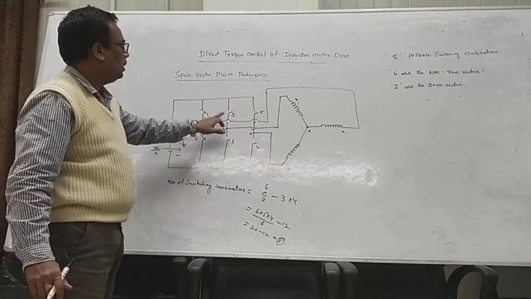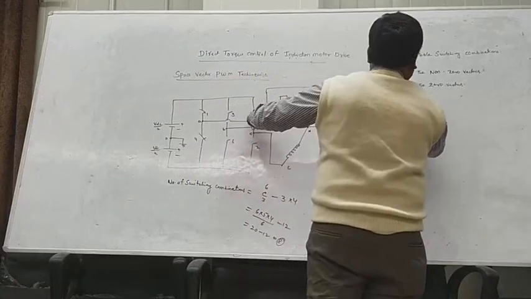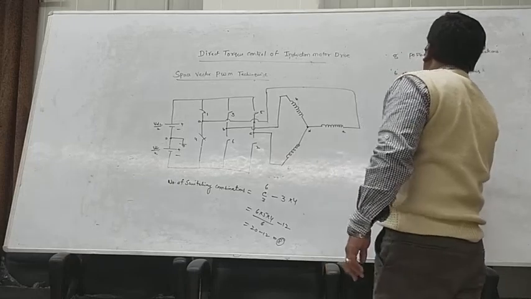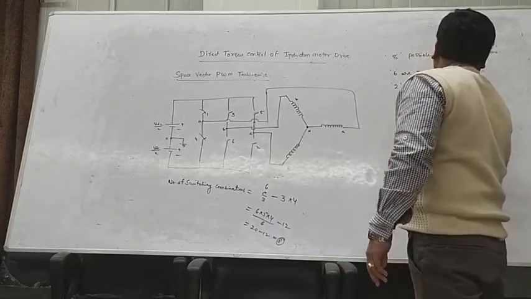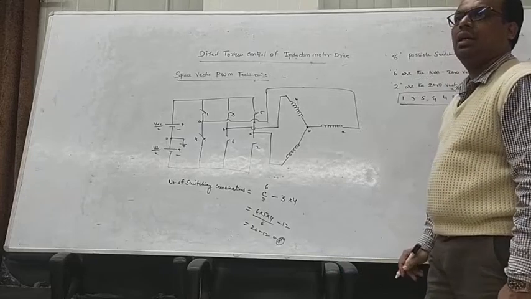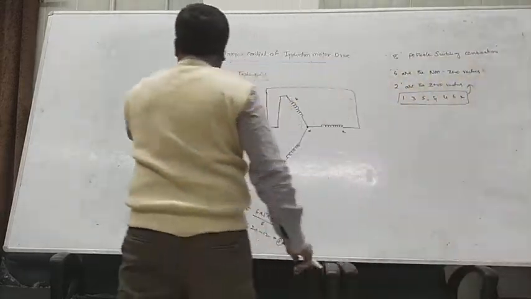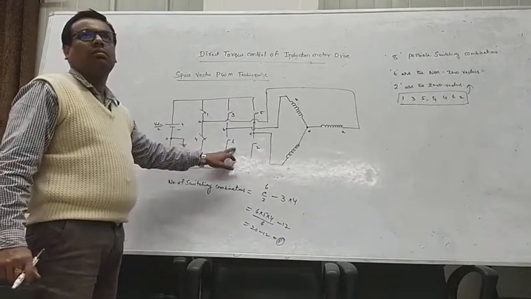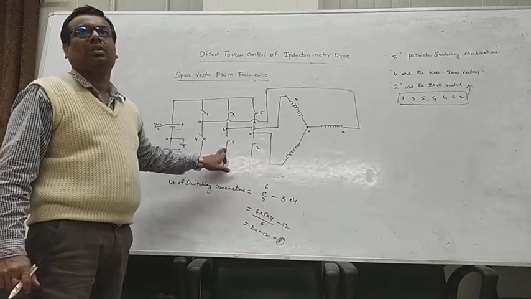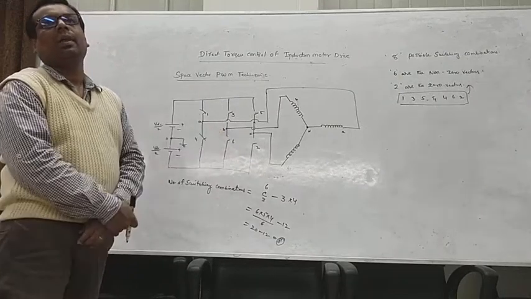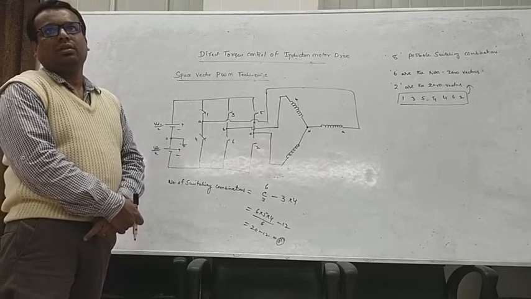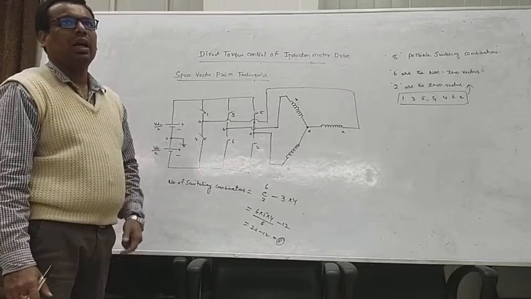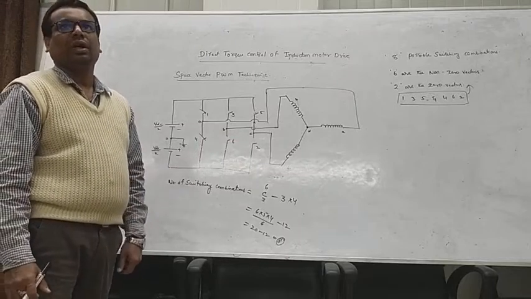It means that 1, 3, 5 and 4, 6, 2. So these two are the zero vectors. It means that all positive group of switches will turn on, or all negative group of switches, or bottom switches, will turn on. These two will create zero vectors. There is no specific voltage during this particular interval of time. And the remaining are the 6 non-zero vectors.